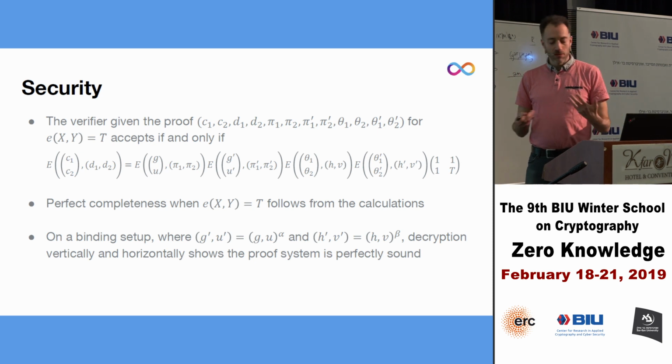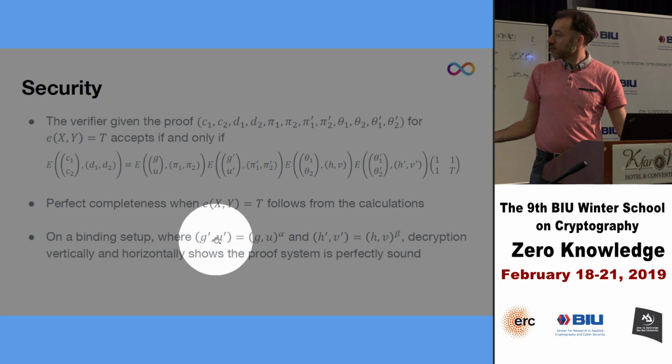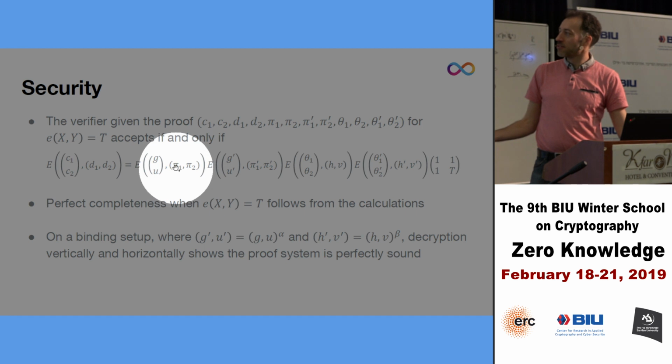Okay, what about soundness? Well, if it's a binding setup, then remember, G prime and U prime is just GU raised to alpha, and H prime and V prime is just HV raised to beta. So actually what you have here is an El-Gamal encryption of the witness, and also the same here, and actually this one here is just some power of that one.